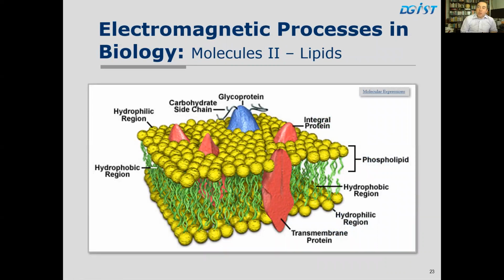Another very important molecule in biology, of course, are lipids. Lipids are what constitute this cell membrane. And lipids are composed of both a hydrophilic part, this yellow section here, and a hydrophobic region, the green region here. And hydrophilic means it can be readily dissolved in water. Hydrophobic means it avoids water.